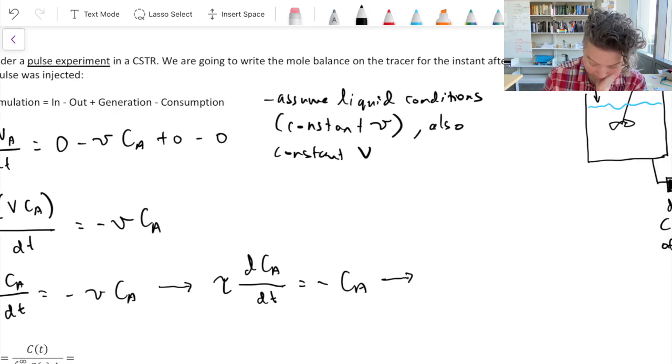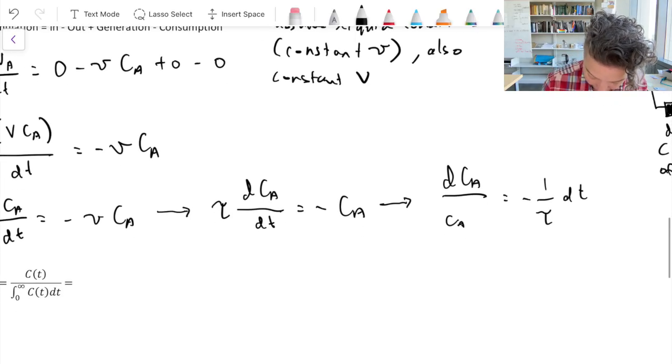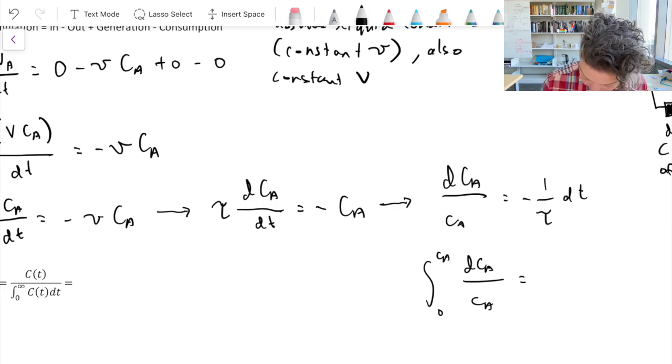So I'd have dC_A over C_A is equal to negative 1 over tau dt. And I can then solve that. If I integrate that, from 0 to C_A, dC_A over C_A equals negative 1 over tau, and tau is a constant.